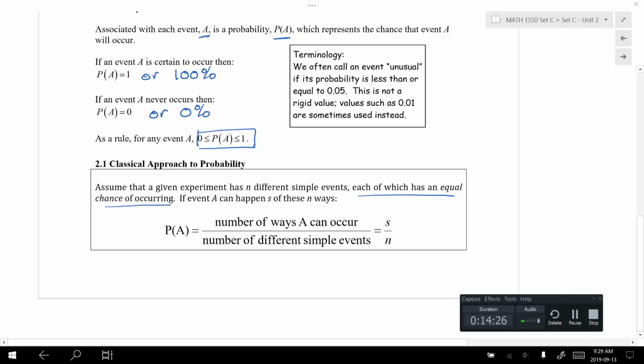So if we can break our experiments up into simple events with equal chance of occurring, this is important here. Otherwise, you can't apply this approach. But if you can, just take the number of ways that the event can occur and divide it by the number of total simple events, the total number of things that could occur.